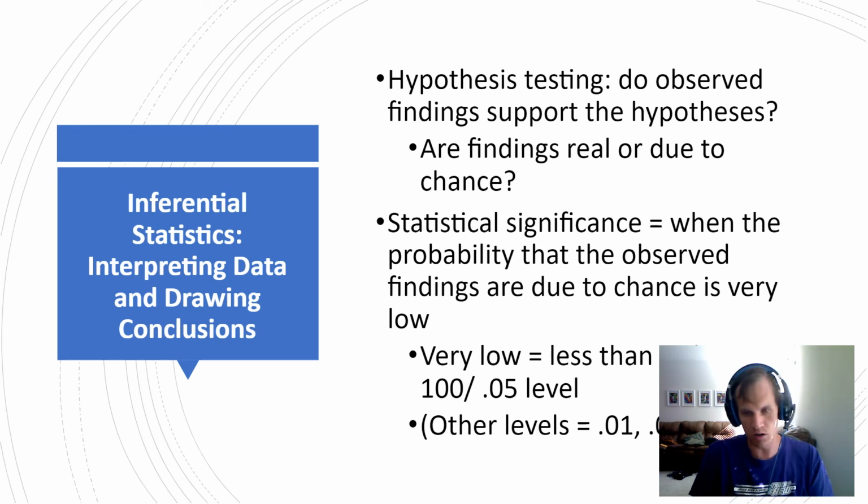Can I say the kids who took it at 10 o'clock got the better score, and that proves that taking tests later in the day is better? Well, no, not necessarily. Especially if you test only a few kids, there might be some kids who are just smarter in that later group. So statistical significance is really important.